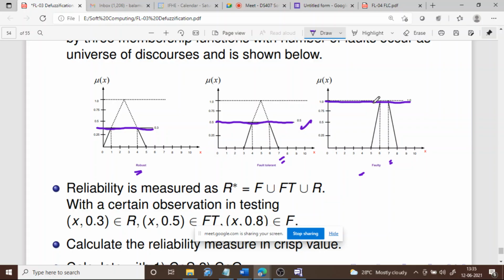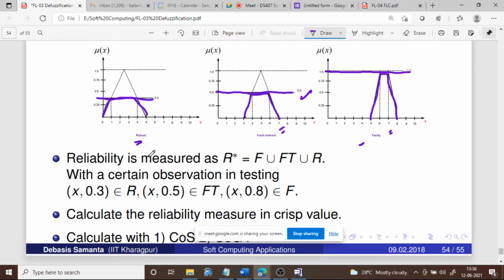Even though the membership functions look like this, we are only interested in this region of the first, this region of the second, and this region of the third, because these are the observed parameters given. So we are interested only in these areas.